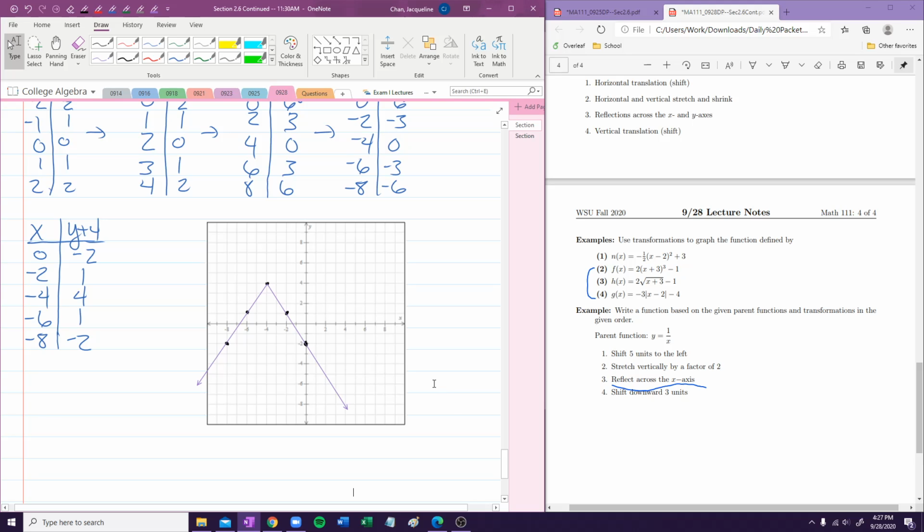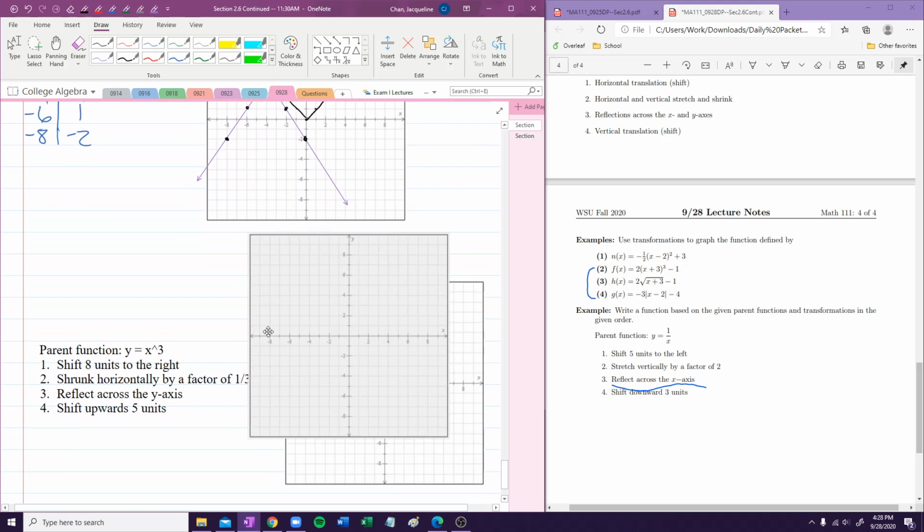Okay, so essentially what I did, let me grab a different graph real fast.